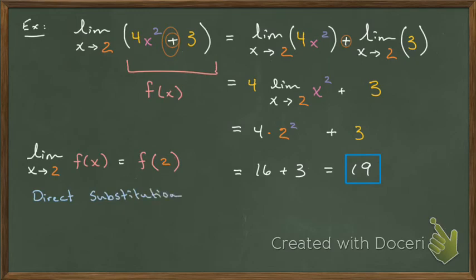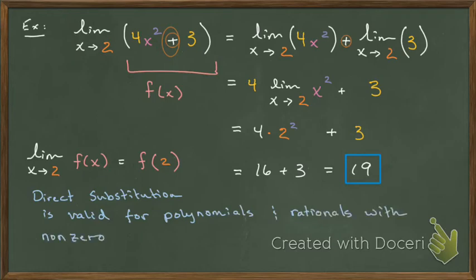And actually what we're getting at here, like I said before, you can create pretty much any polynomial with the properties we have so far. In fact, direct substitution is valid for polynomials and rational functions with non-zero denominators. Again, that's a specific bit we have to pay attention to. We can't have 0 in the denominator. Okay?